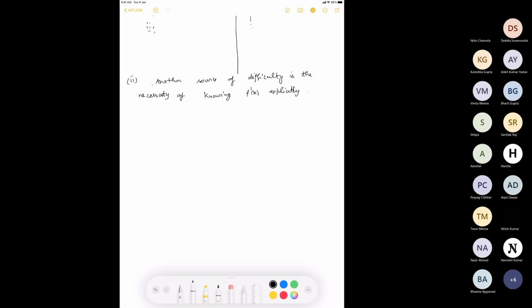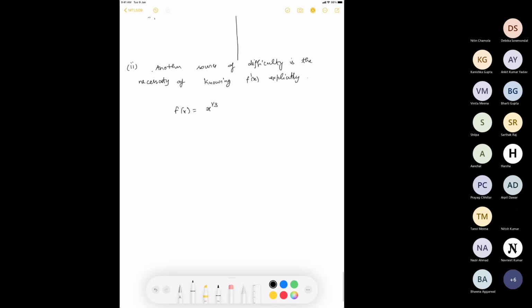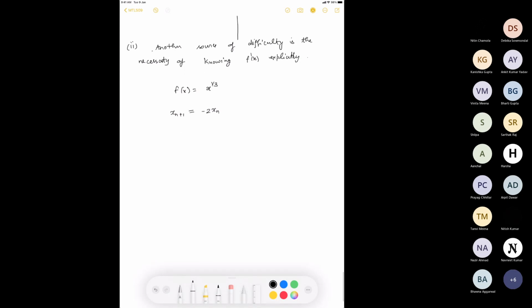So if I consider this function, let me take f(x) is equal to x raised to power 1 by 3. And you just apply the Newton-Raphson method to this. So the relation I will get after applying the Newton-Raphson method is x_{n+1} is equal to minus 2x_n. Okay, so what will happen?